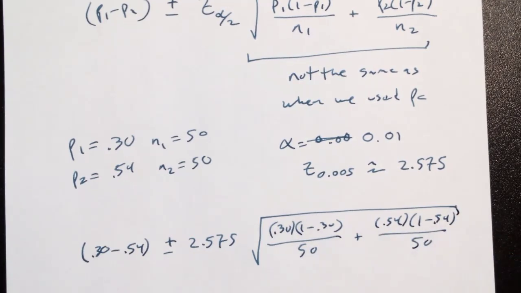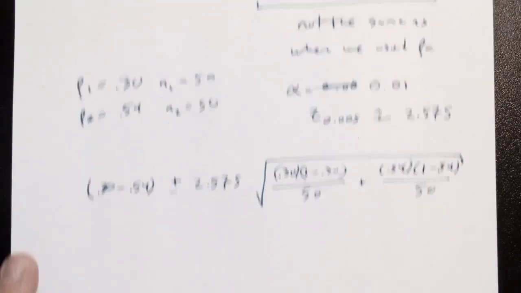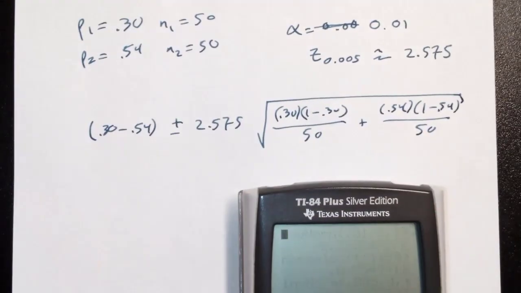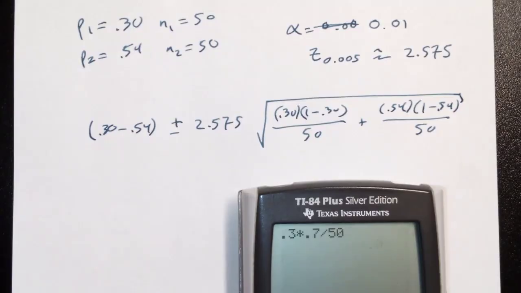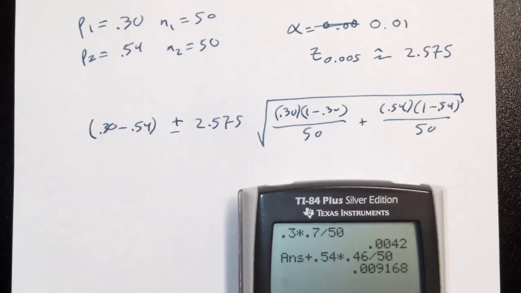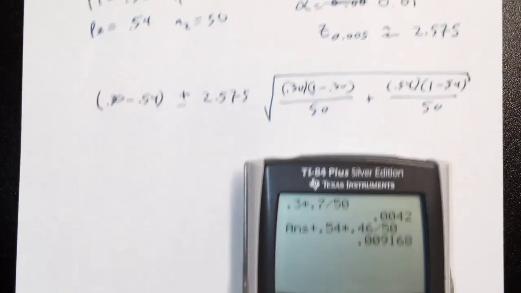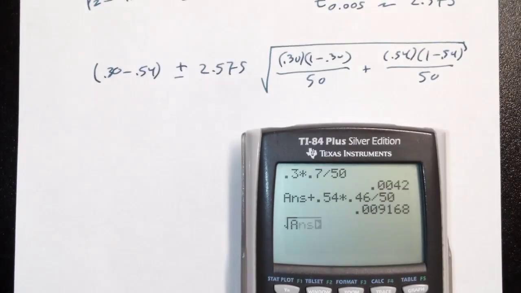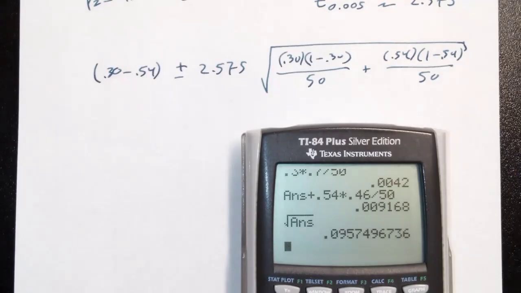I'm going to calculate that square root number first. So that's the number under my square root, 0.009168. Take the square root of that. Okay, that's the number that goes here.